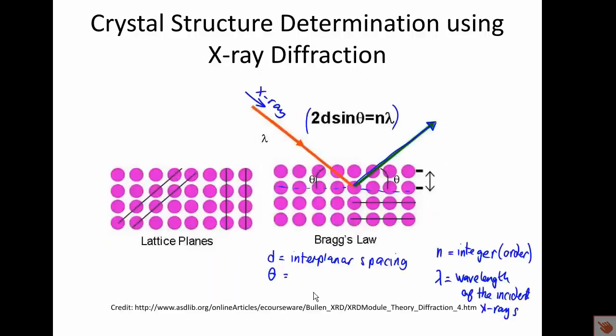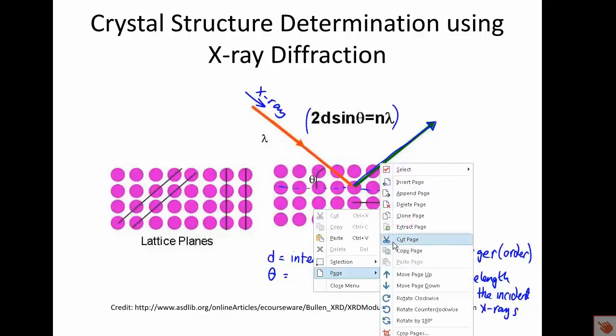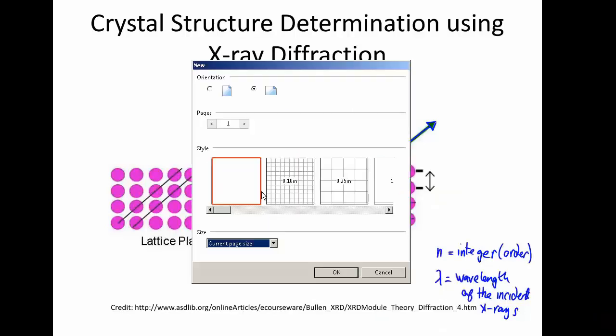Okay, so let's see how this applies to crystals, and we're going to look at simple examples. So, X-ray diffraction with cubic crystals.